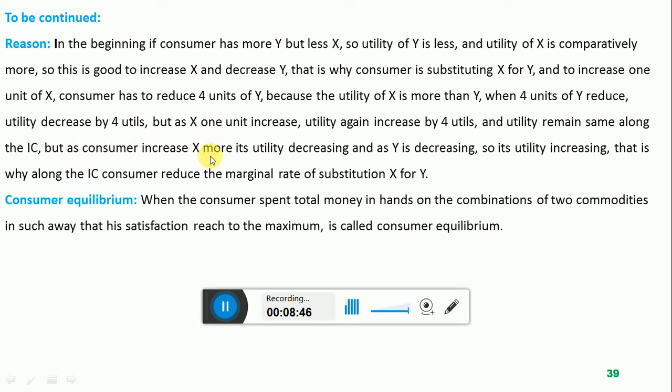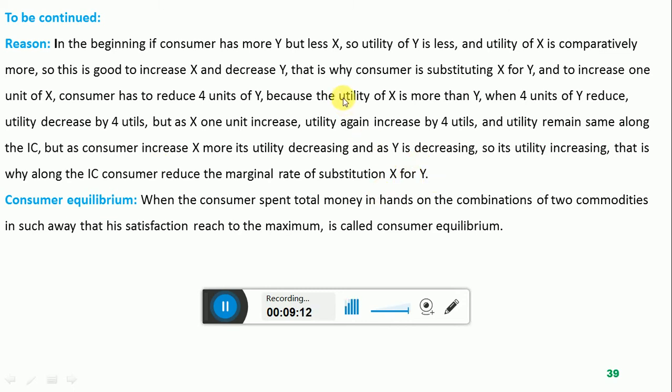As the consumer increases X more, its utility decreases and Y is decreasing. It means when the consumer consumes more and more Pepsi, the player will get fed up of that. Utility will diminish, but the player is decreasing Y, so it means Y utility is increasing. That is why along the indifference curve, the consumer reduces the marginal rate of substitution of X for Y.